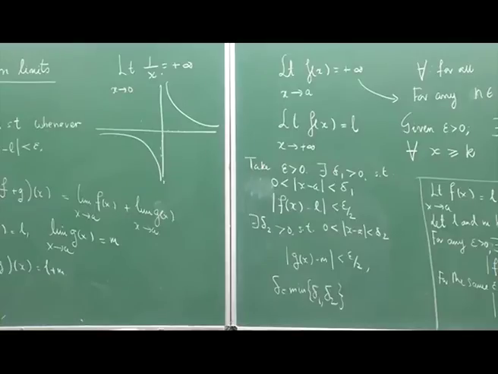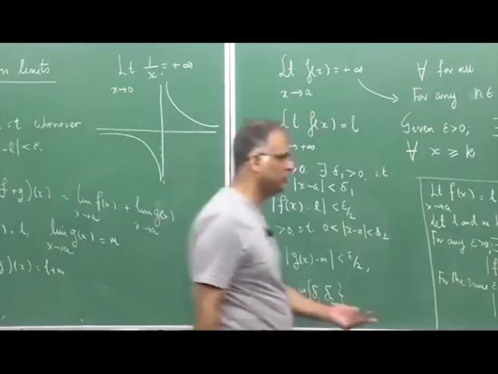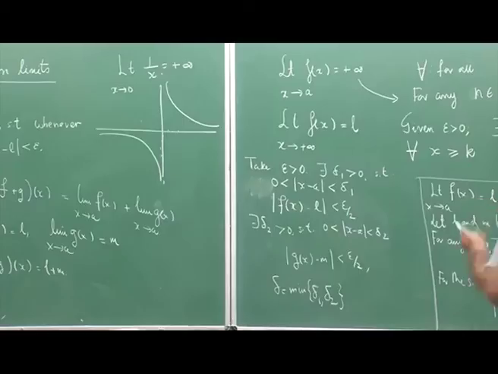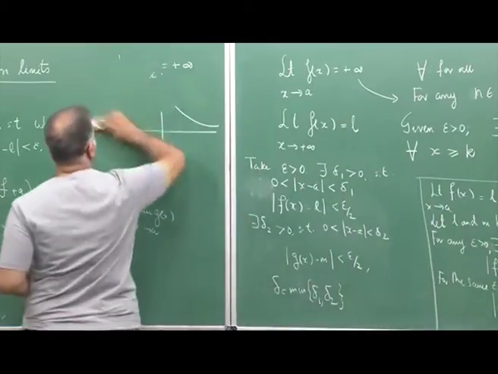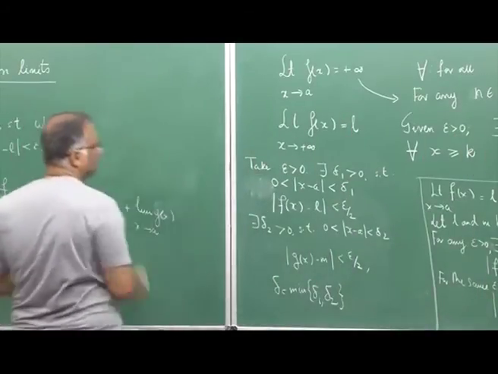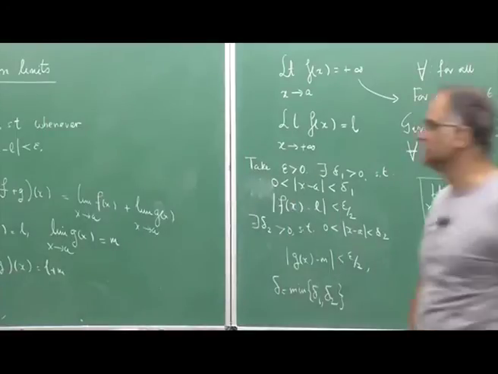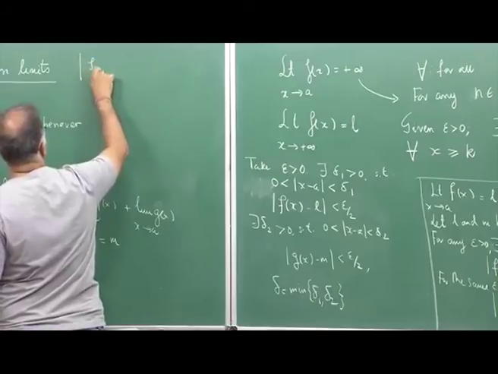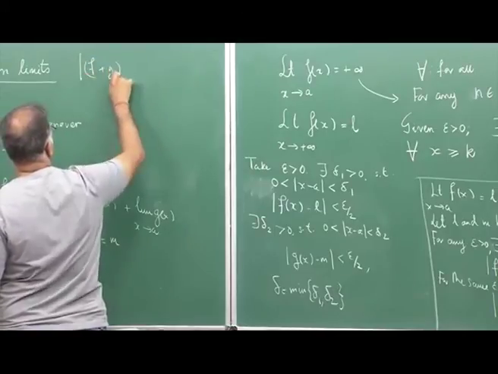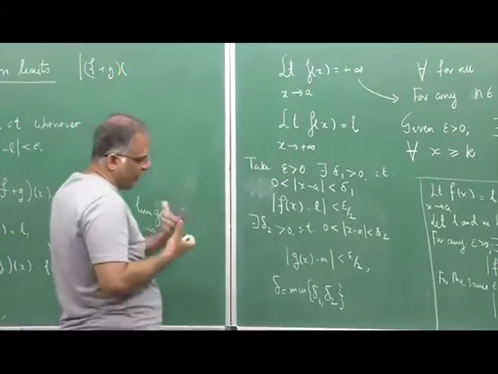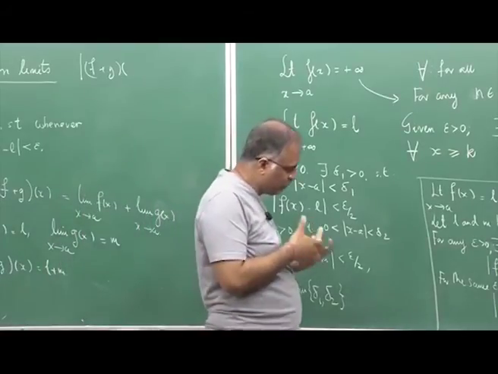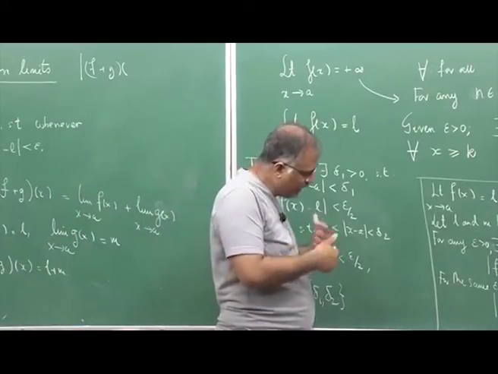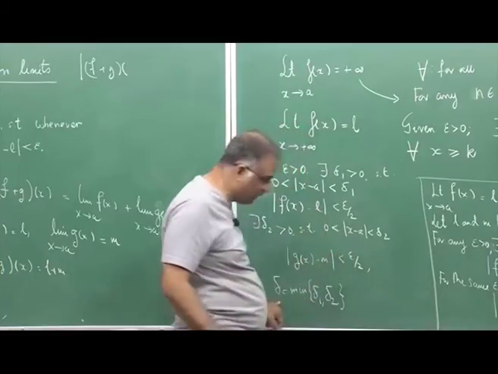So now you have a very simple job left to do, which is basically some algebraic manipulation. So now we have x minus a when x is lying between a minus delta and a plus delta, where delta is this one.